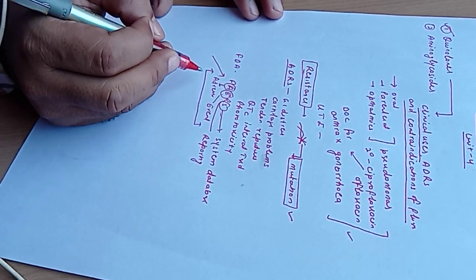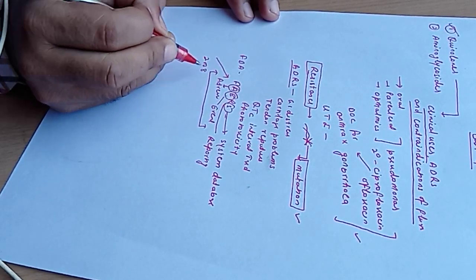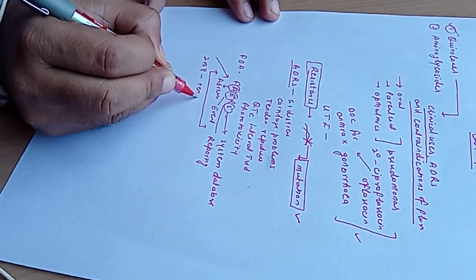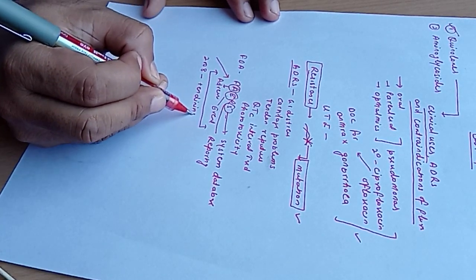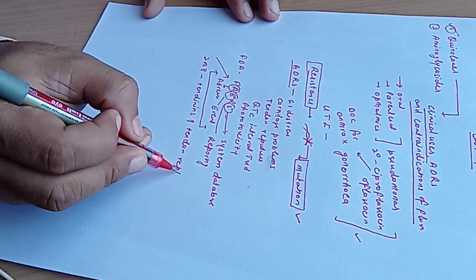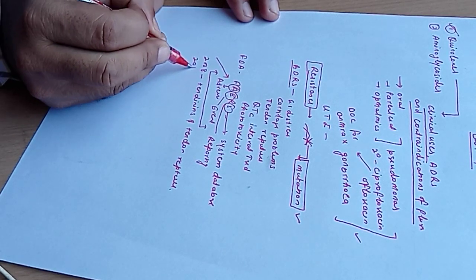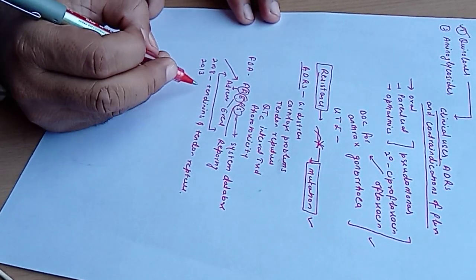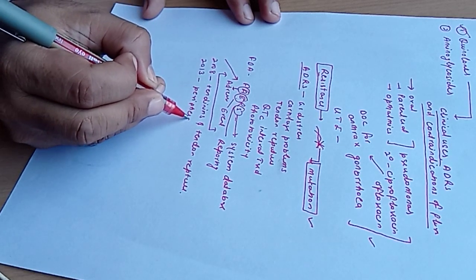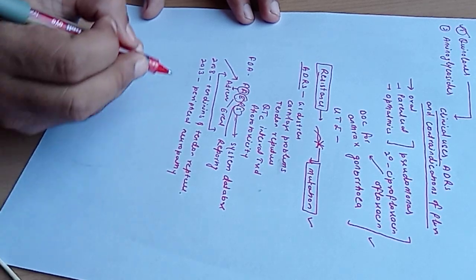So related to fluoroquinolones, the FDA has given warnings from time to time related to its ADRs. In 2008, the FDA gave the warning of tendinitis and tendon rupture with the use of fluoroquinolones. After that, in 2013, the FDA also gave the warning of peripheral neuropathy with the use of fluoroquinolones.